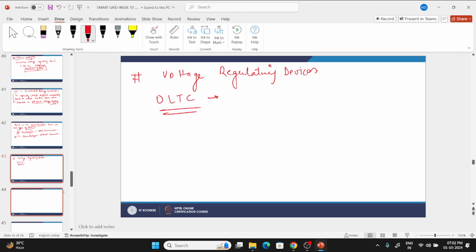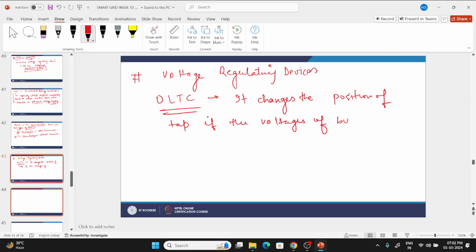What it does, it changes the position of tap if the voltages of buses vary within plus minus 10% of its nominal value.